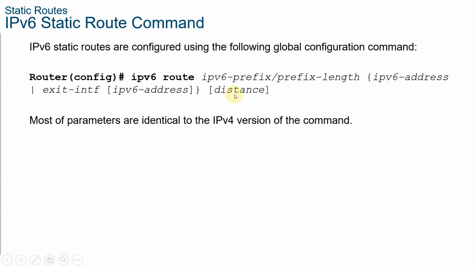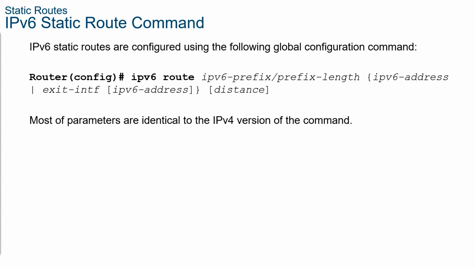Now you also have distance on IPv6. This is also an optional command that can be used to assign an administrative distance value from 1 to 255. Typically, this is used to configure a floating static route by setting an administrative distance that is higher than the dynamically learned route.